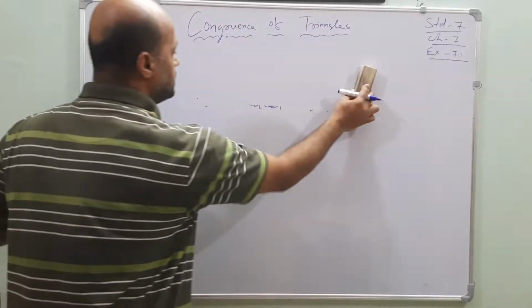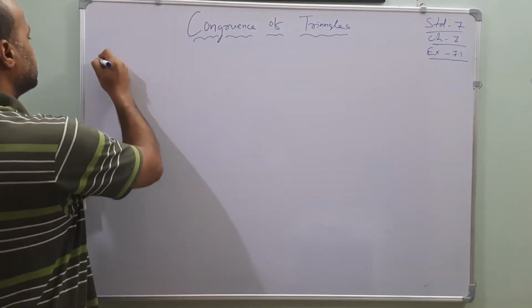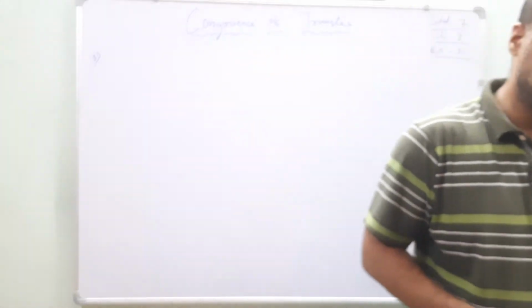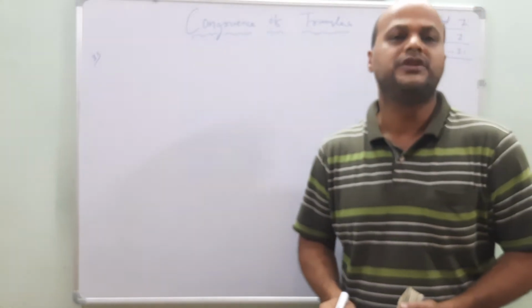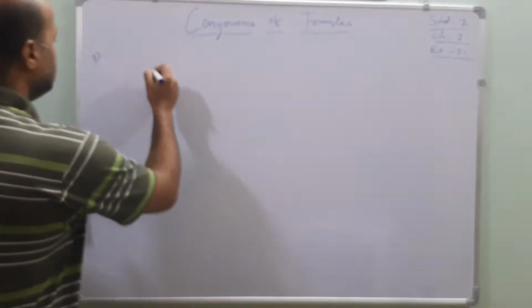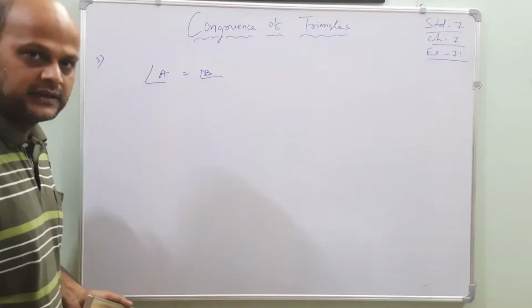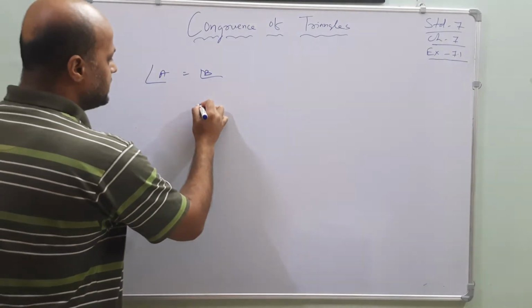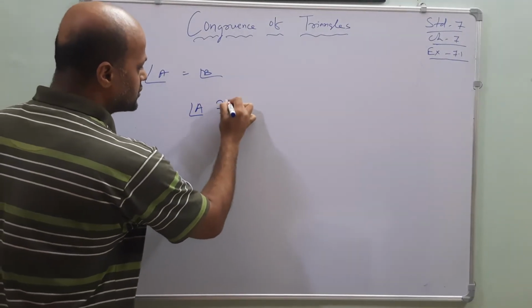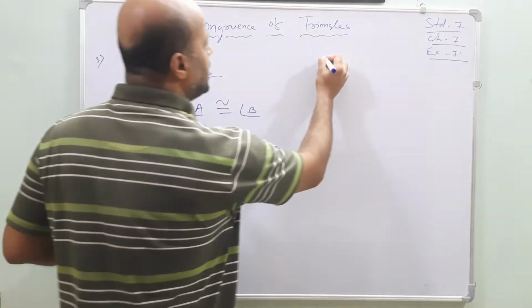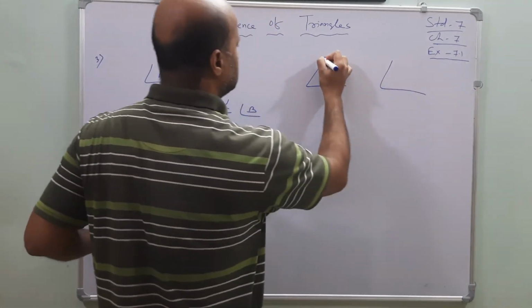Let's go for the third one. What is the third one saying? When we write angle A is equal to angle B, what do we actually mean? I will say that angle A is congruent to angle B. It is asking about angles only.